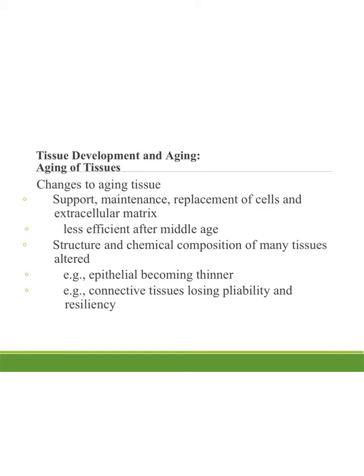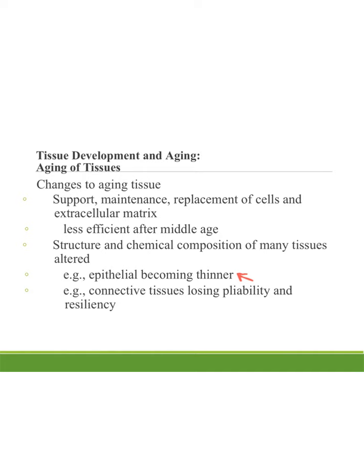So as we age, because of the atrophy, and because our cells do not divide as often, our cells are not as efficient. Again, as I mentioned earlier, your epithelial cells aren't dividing at as fast a rate, so your skin becomes thinner.